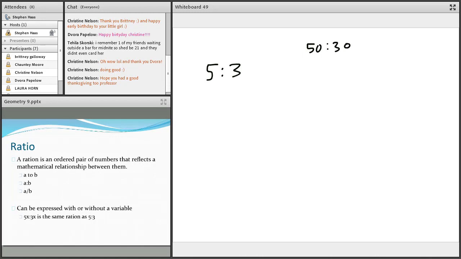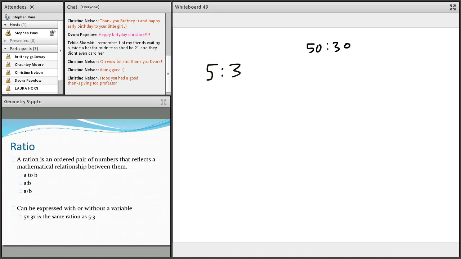A ratio is a numerical relationship. When you're talking about geometry, or algebra, or a word problem, ratios are very often expressed with variables.